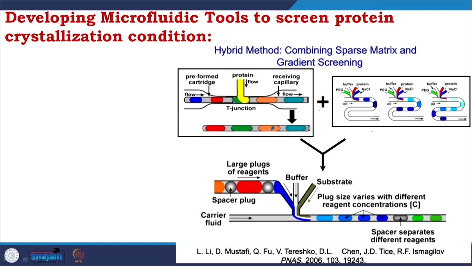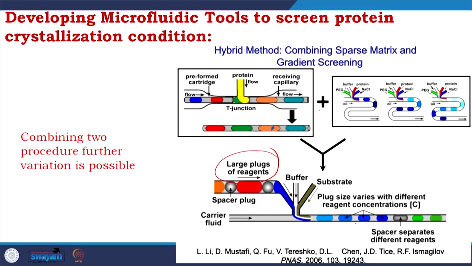So, they have these spacer plugs which differentiate the large plugs of these reagents, and the plug size varies with different reagent concentration. Each of the plugs is differentiated with different concentration of the precipitant. So, they optimize the nanoliters, they optimize the precipitant concentration. So, combining two procedures gives further variation.